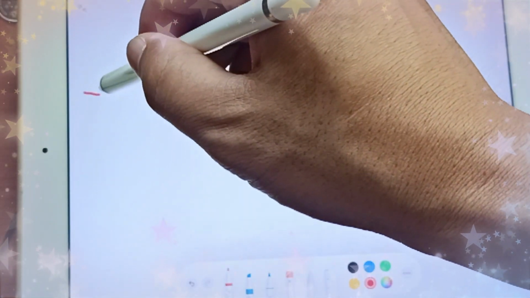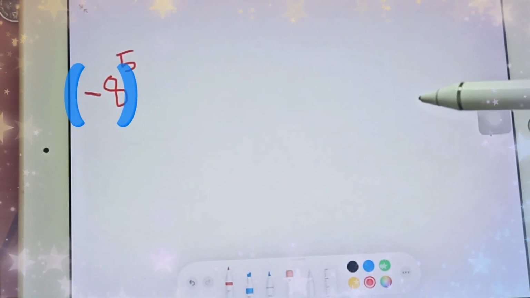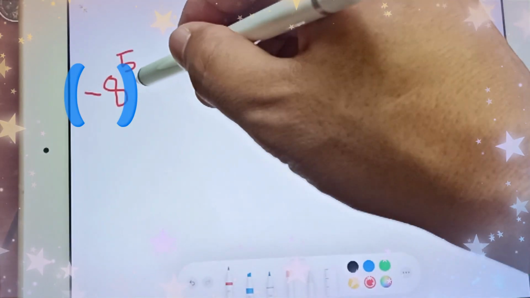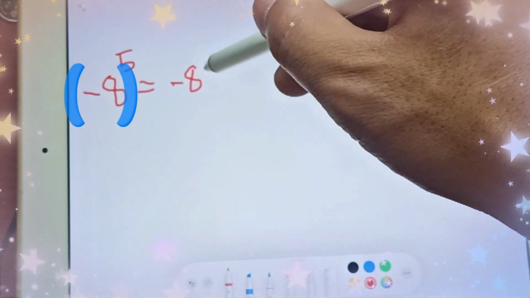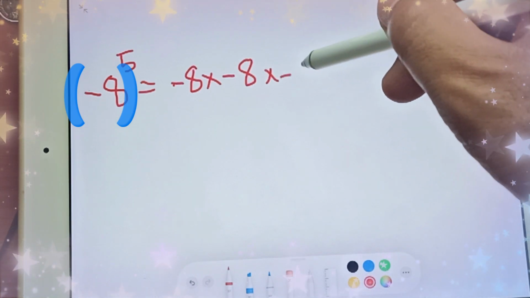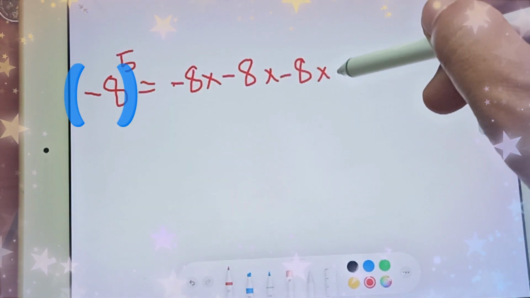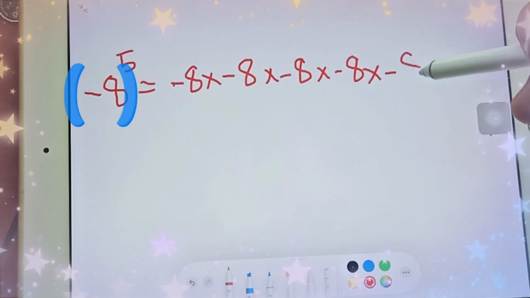Okay, for the last example, if you have negative 8 to the 5th power, this is equal to negative 8 times negative 8 times negative 8 times negative 8 times negative 8.